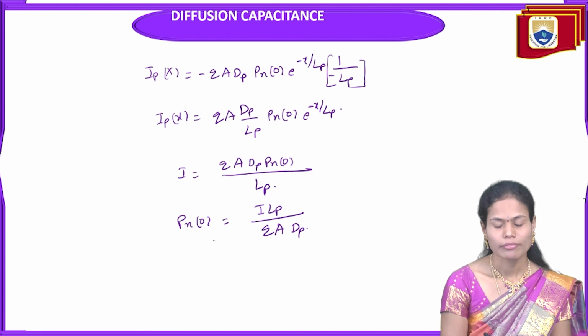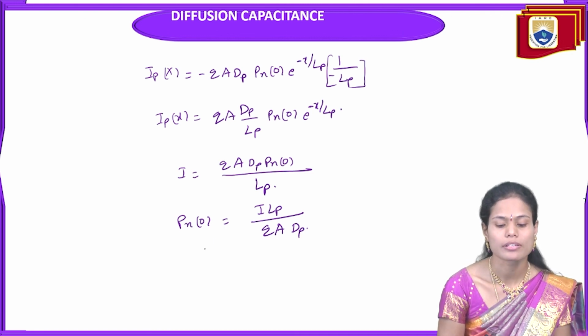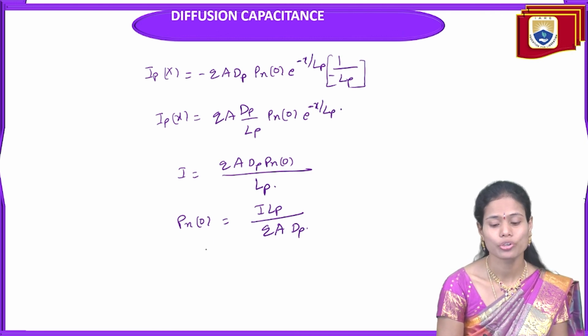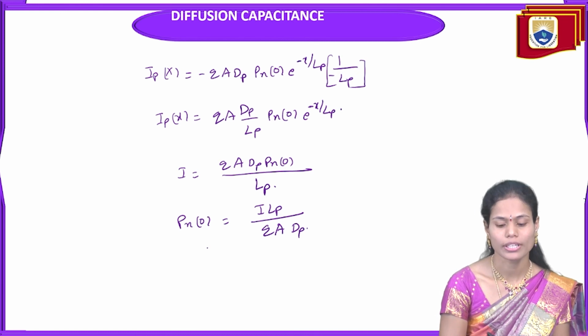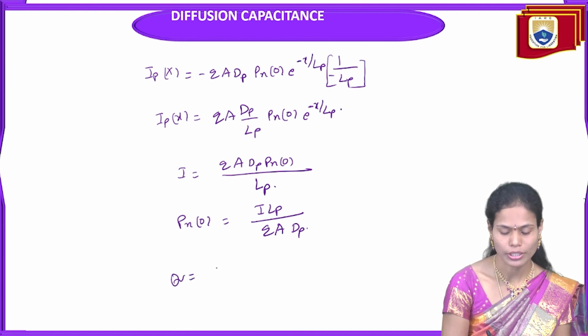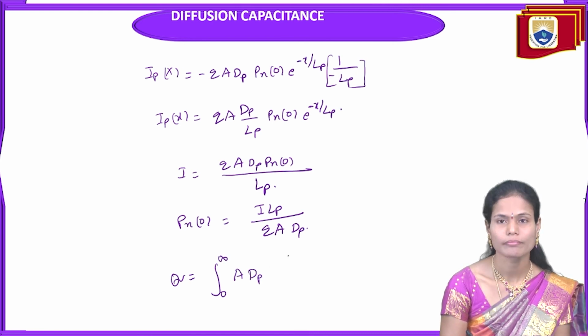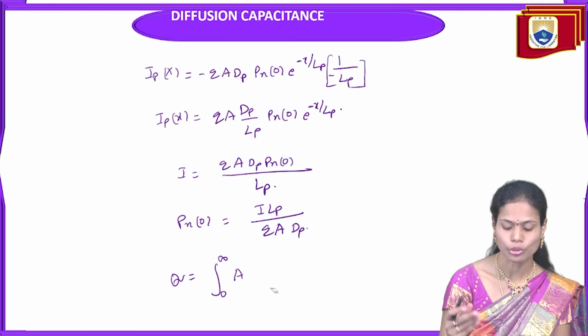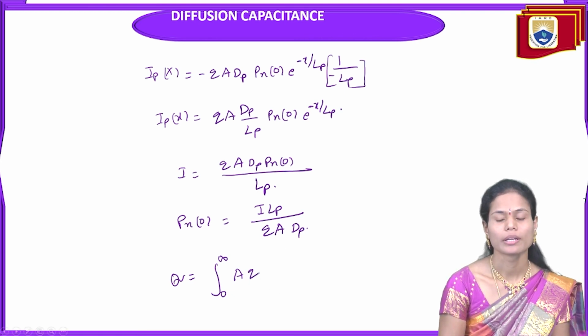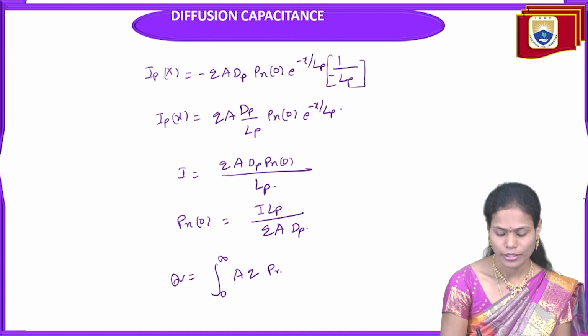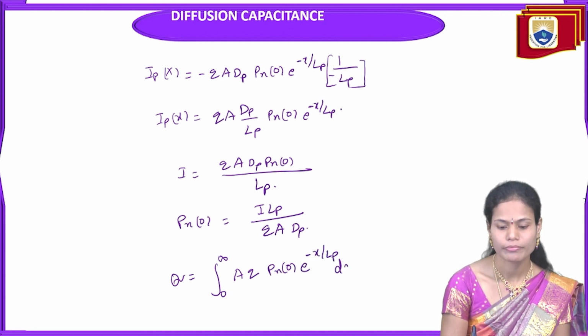Okay, and from this the excess minority charge Q stored inside we can write as Q equal to integral from 0 to infinity of A Q Pn of 0 exponential minus x by Lp into dx.